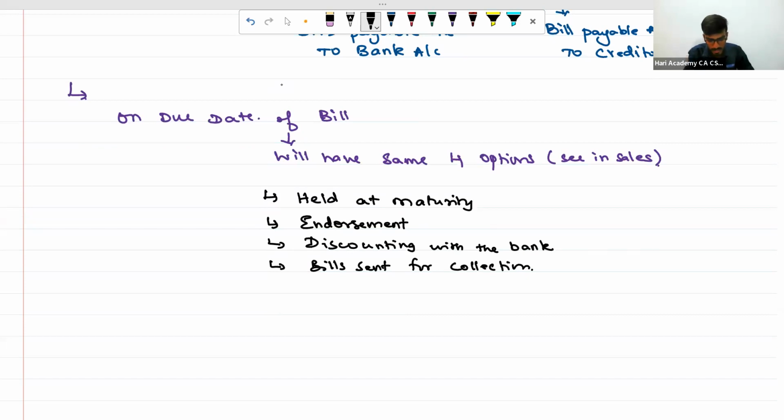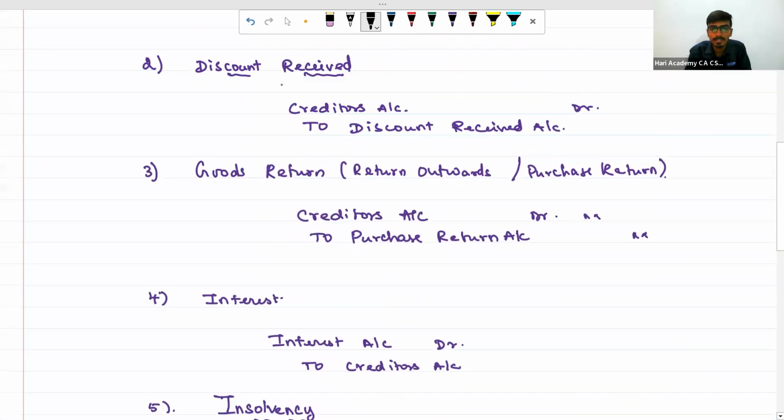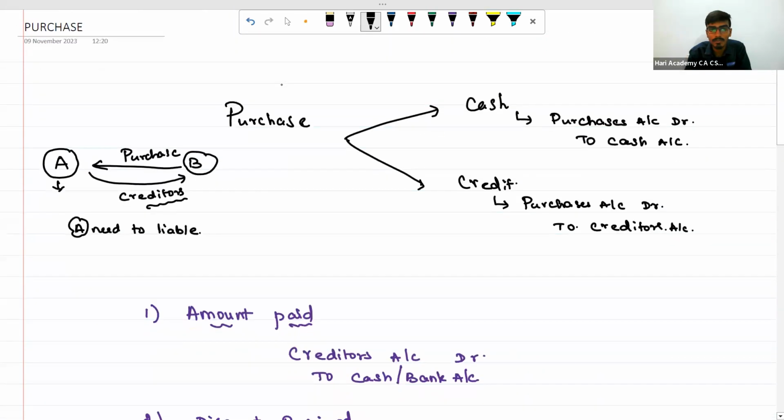Okay. And for more clarity on bills of exchange, we will see it once again for another 10 to 15 minutes when we do that sum, and we will brush up this part. These are the major things which you need to remember regarding the purchases flow of transactions.